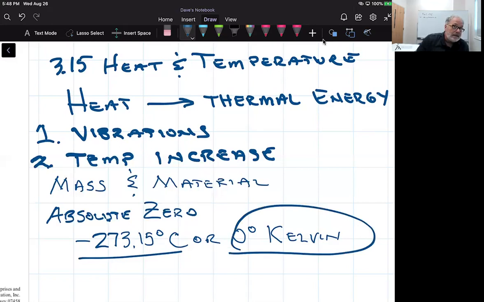Now, again, in SI units we use Kelvin, but in normal functioning we're using centigrade or Fahrenheit, so we're normally making those conversions. And he goes on to say, at absolute zero, all atomic vibrations cease, and the only motion that subsists is that of orbiting electrons.